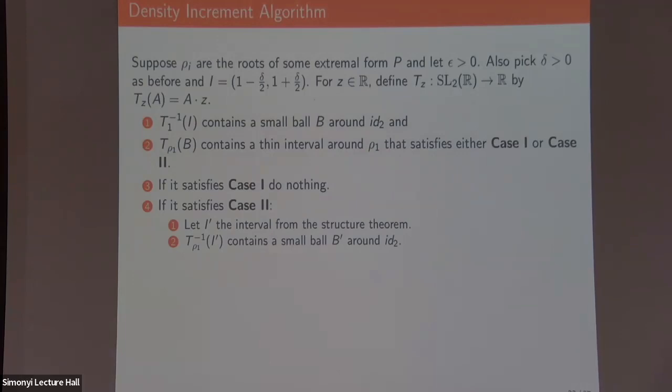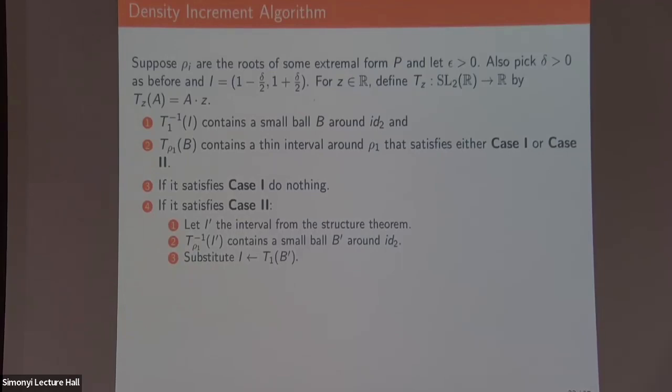We pull it back again near the identity element of SL2, and we push it forward again to the Mobius transformation around 1. And we substitute the initial interval with this interval. So whatever happens, we have accommodated the first root. No matter what happens, we have a lot of good points near it.